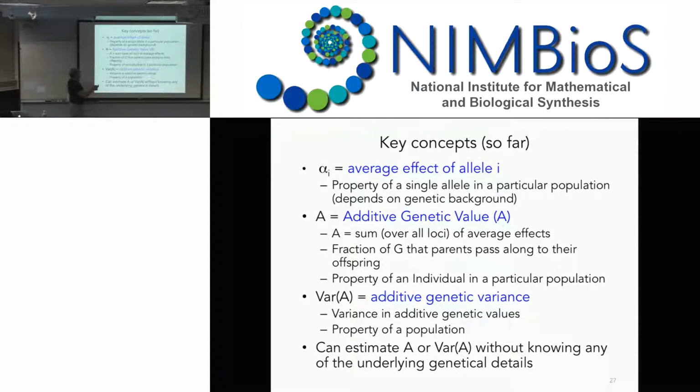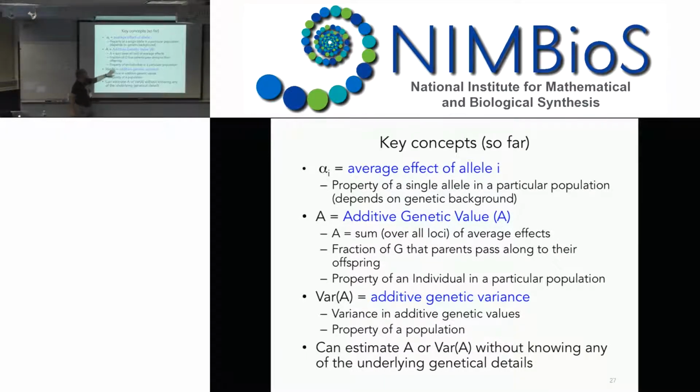So we have the average effect of an allele. That's a property of a single allele in a particular population. If I keep that allele but change the population, I change the background, I change its average effect. The breeding value is the sum over all loci of the average effects. That is a fraction of G that parents can pass on to the offspring.